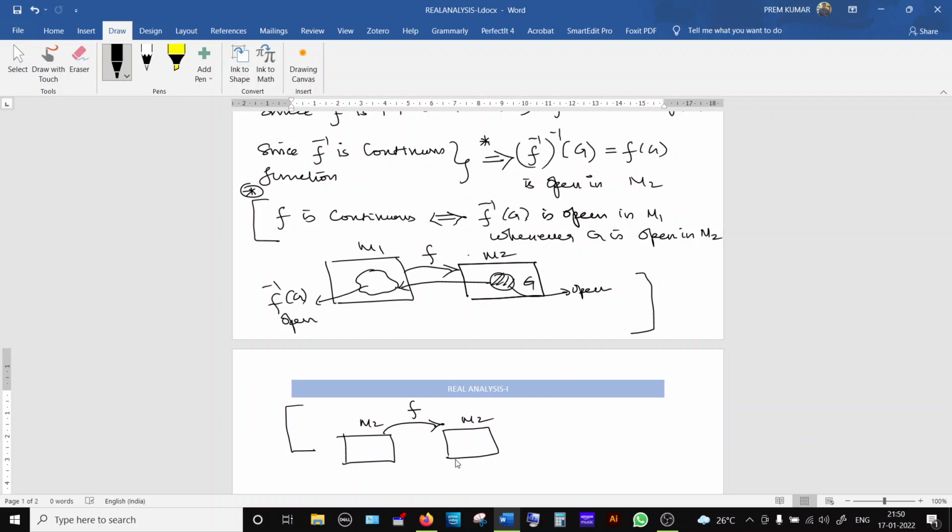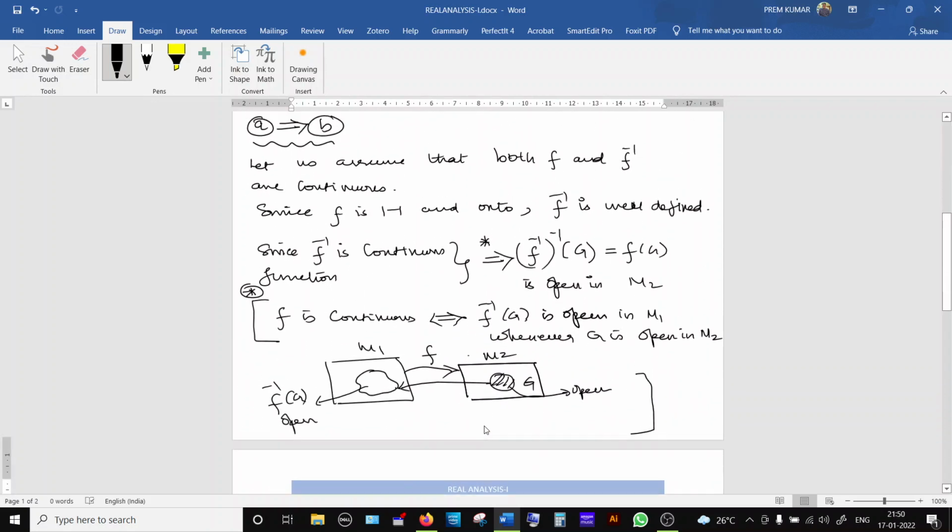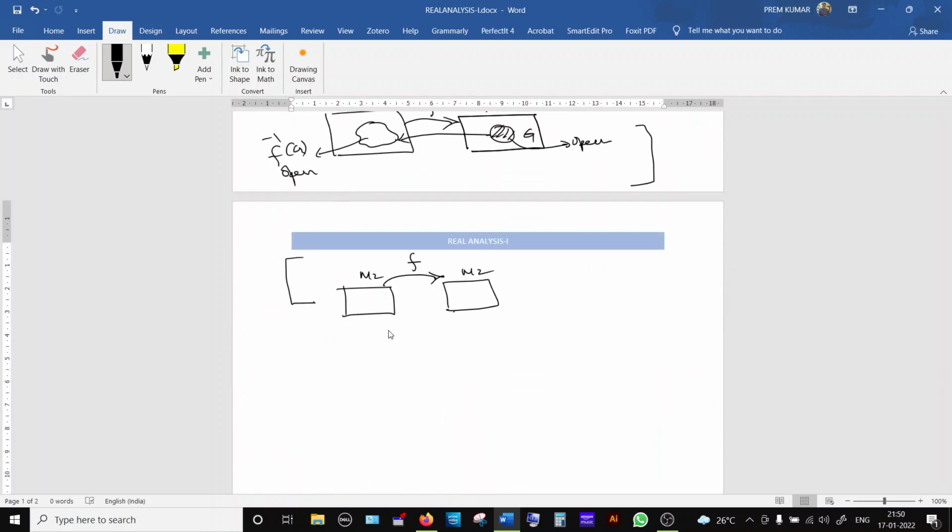We assumed both f and f inverse are continuous. f inverse is a function from M2 to M1, so to avoid confusion we will write it like this: this is M2, this is M1, and our function f inverse goes like this. If we are confused, we can call f inverse as g.